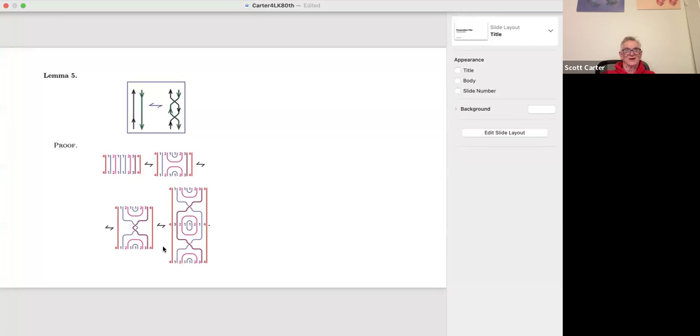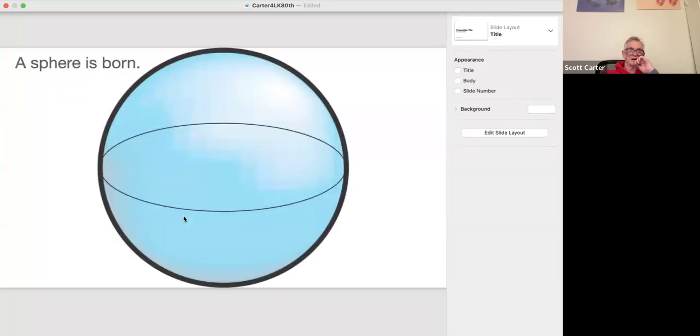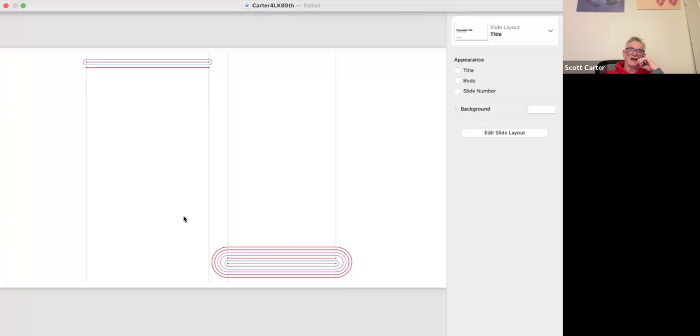Again, we have some disks that are intertwined, and you can move those disks, keeping the boundary fixed. Okay, so as before, a sphere is born, and we have 5 concentric spheres. We're going to focus on the temperate zone in there, and then we're going to attach some handles between them.